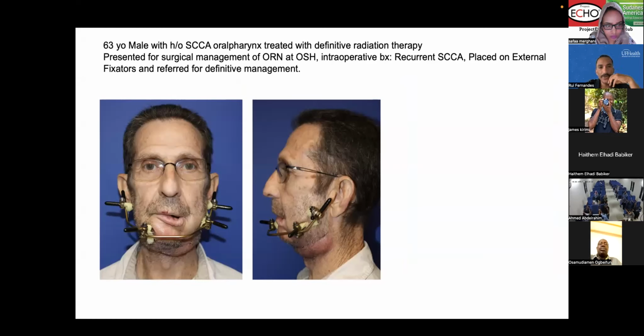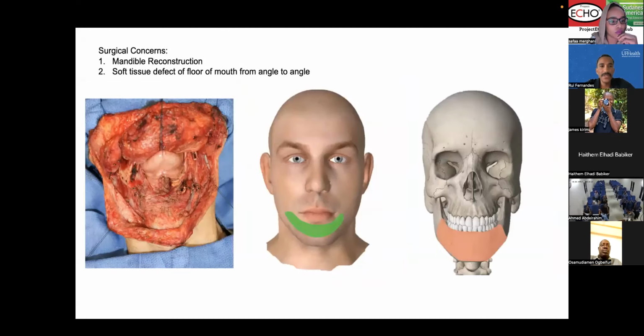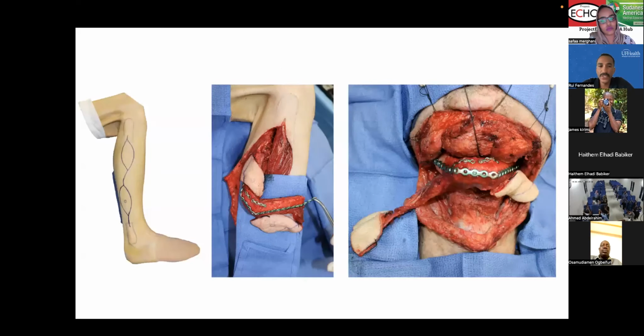And so he referred him to me with this external fixator for re-resection and then immediate reconstruction at the same time. Now, compared to the other one, he is not only missing his mandible, but he's also missing significant soft tissue from the floor of the mouth, extending from one angle to the other. So his reconstruction is going to have to incorporate a soft tissue component in addition to the bone.